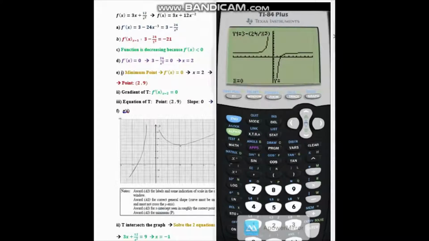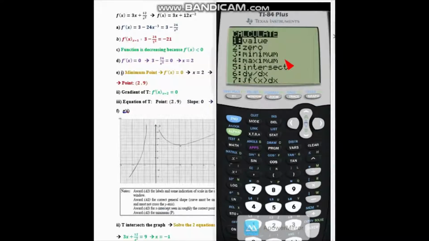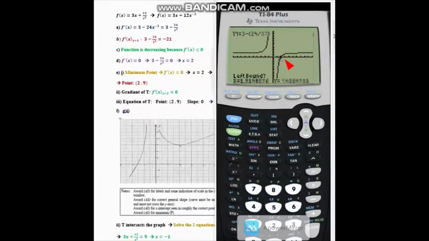So in order to find the value of x at this point, I shall click on second, trace, 0, and I shall drag the cursor to the left of my x-intercept and then to the right of my x-intercept and then a guess, and the calculator tells me that there is a 0 when x equals 2, matching the answer right there.